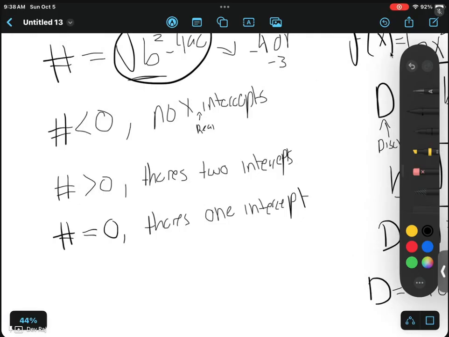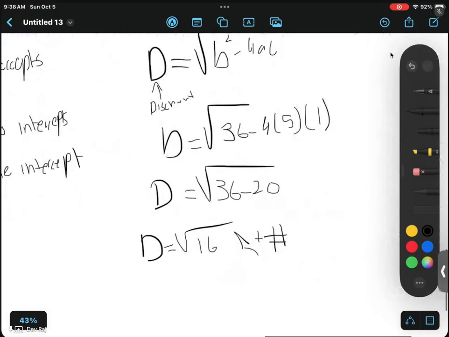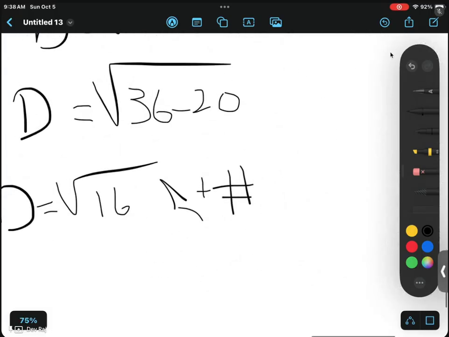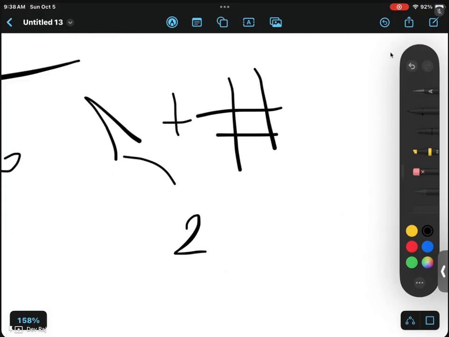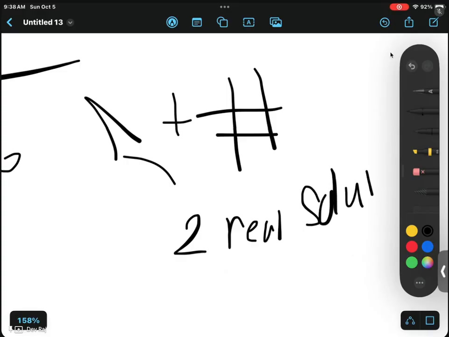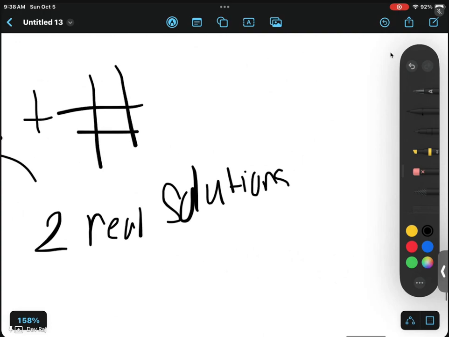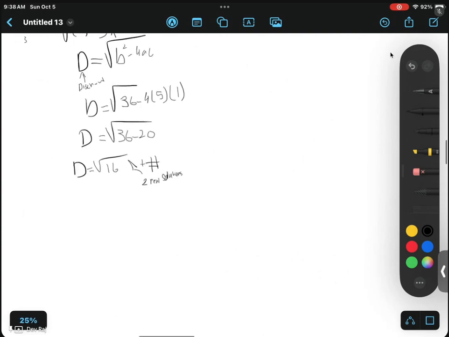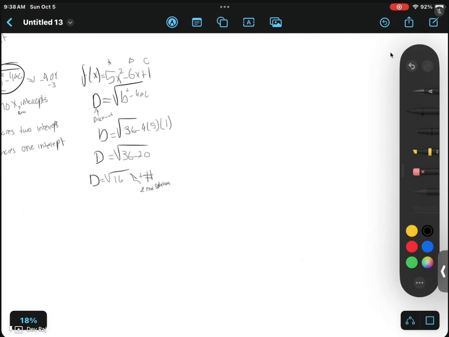So we would have 2 intercepts then. Because it's a positive number, so positive number means you have a real amount of something, so that'd be 2. So 2 real solutions, right? Does that make sense? Are you guys clear on that? How we have 2 real solutions?